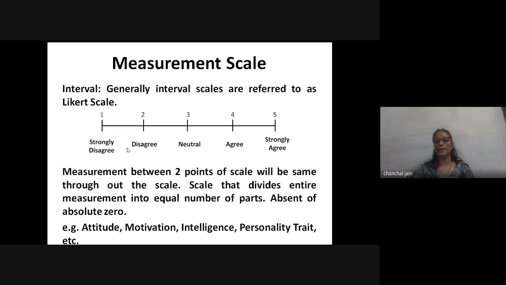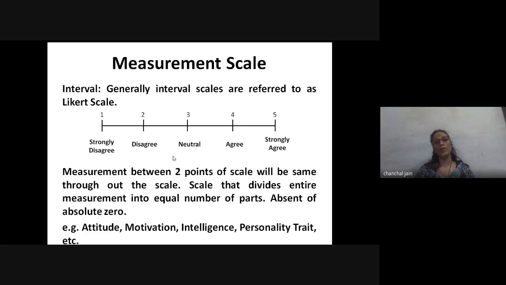Here you can see we can measure the gap between 1 and 2, 2 and 3, 3 and 4, and 4 and 5. The difference between 1 and 2 will be the same as the difference between 4 and 5. This is the specialty of the interval scale. It means the interval scale has three qualities: categorization, rank order, and equal intervals between two options. That is known as the interval scale.